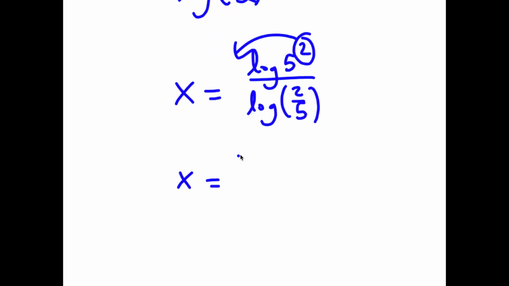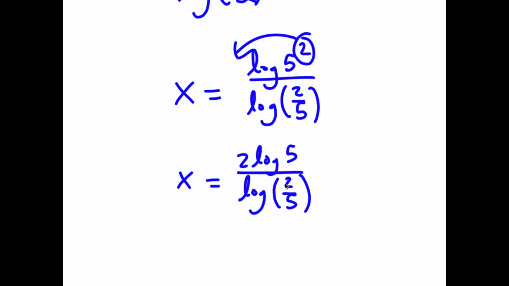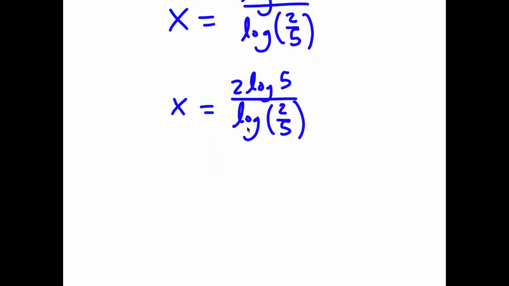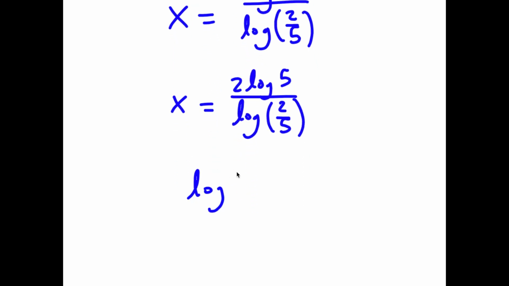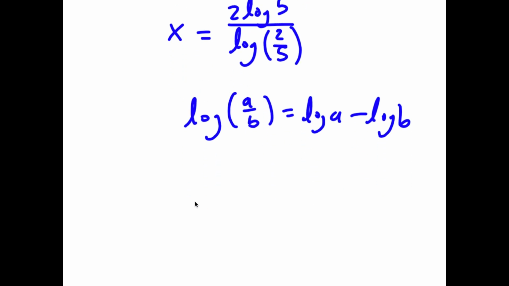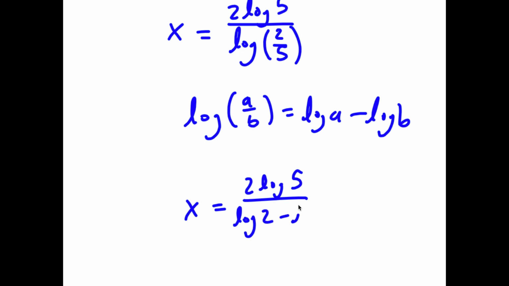So now I get x is equal to 2 times log 5 over log of 2 over 5. And if I have something in the form log a over b, this is equal to log a minus log b. So this is equal to 2 times log 5 over log 2 minus log 5.